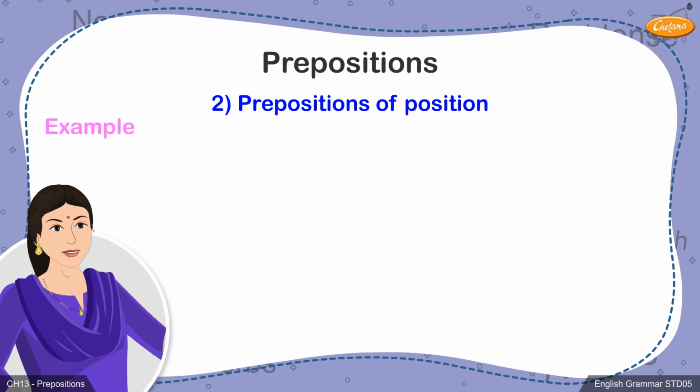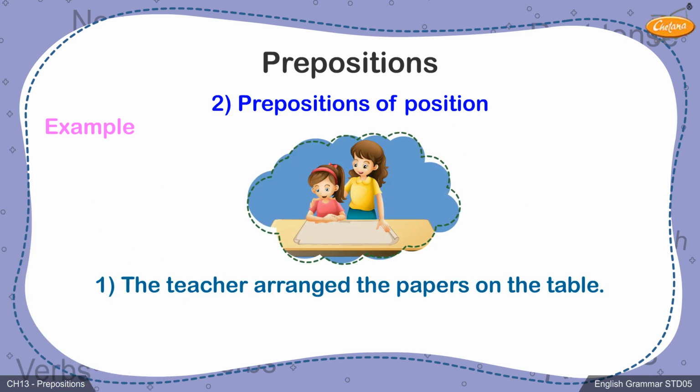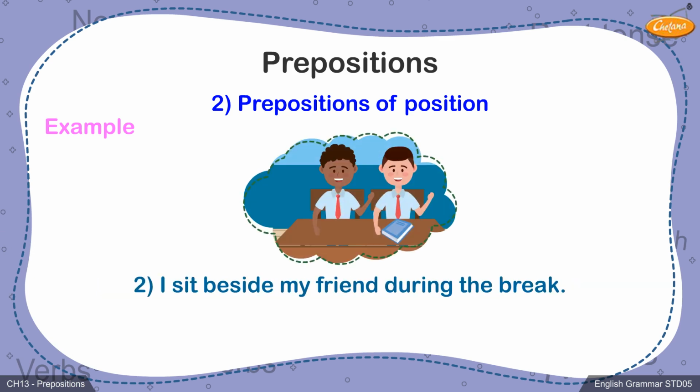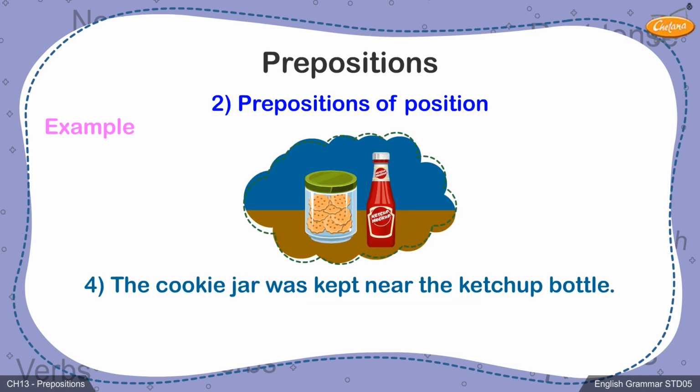Read the following sentences where some of these prepositions have been used. 1. The teacher arranged the papers on the table. 2. I sit beside my friend during the break. 3. The old lady was standing before me in the queue. 4. The cookie jar was kept near the ketchup bottle.